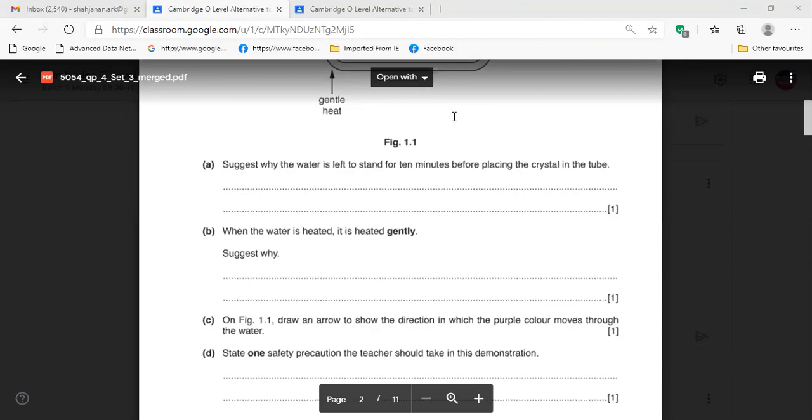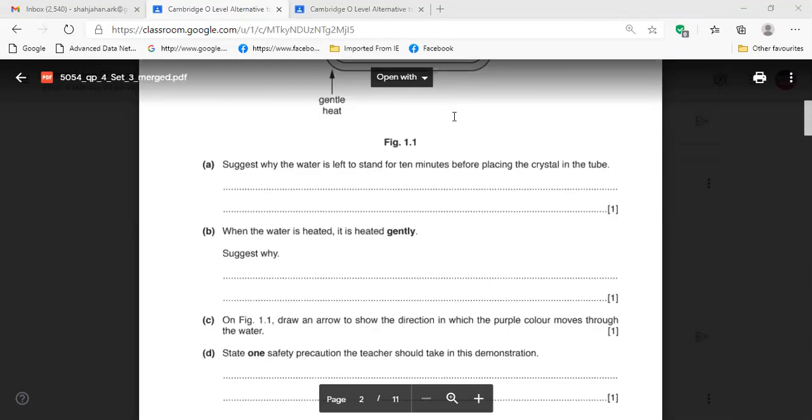Then you will not get time to observe clearly how the convection current is occurring here. Is it clear to all of you? Yes, sir.